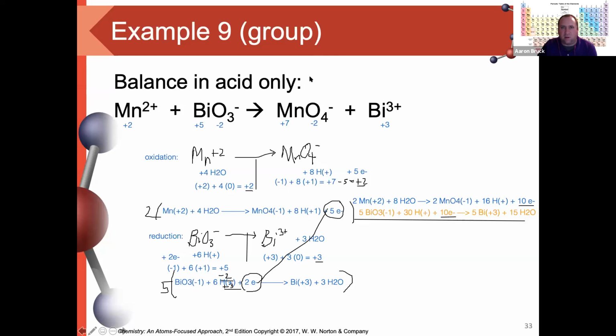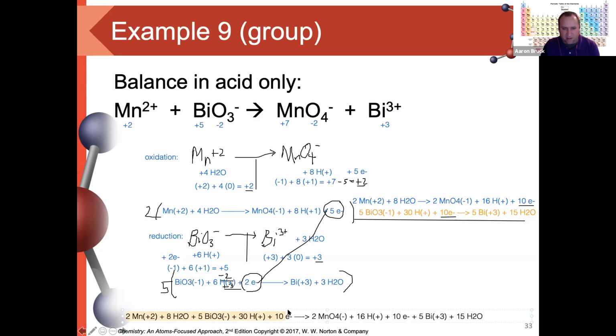So the net result, which we'll put here in black, is 2 manganese 2 plus ions, 8 waters, 5 bismuthate ions, 30 hydrogen ions, 10 electrons, making 2 permanganate ions, 16 hydrogen ions, 10 electrons, 5 bismuth 3 plus ions, and 15 waters.